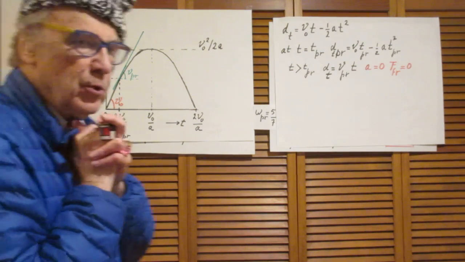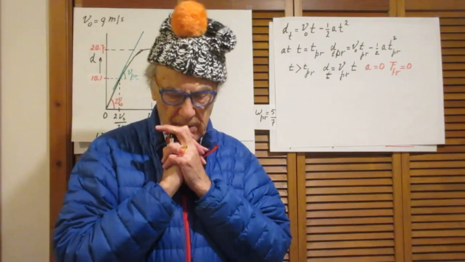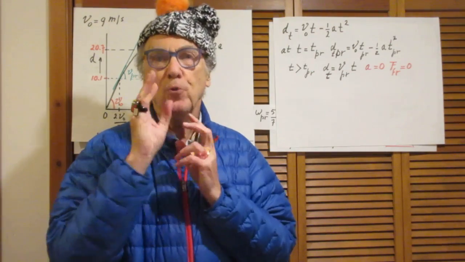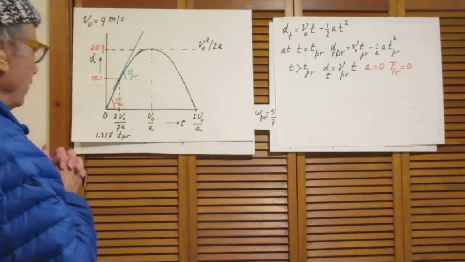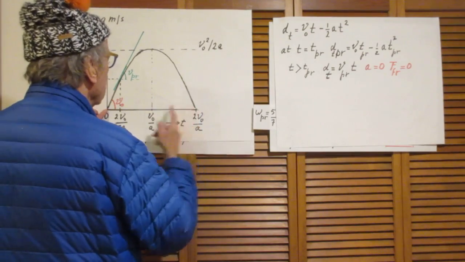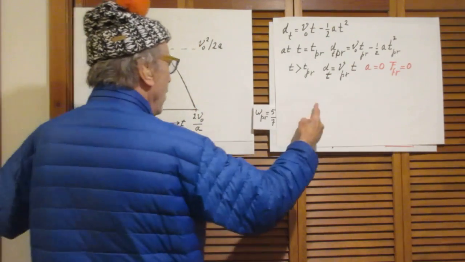What you may want to do, that is a little bit tricky for me to draw, suppose you double V0. If you double V0, this point comes twice as far. So this line is now here. This point is now here.